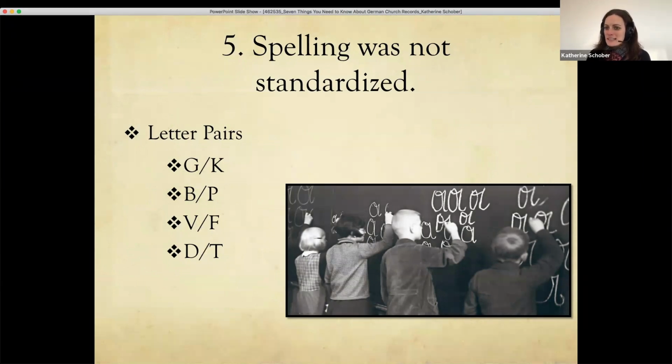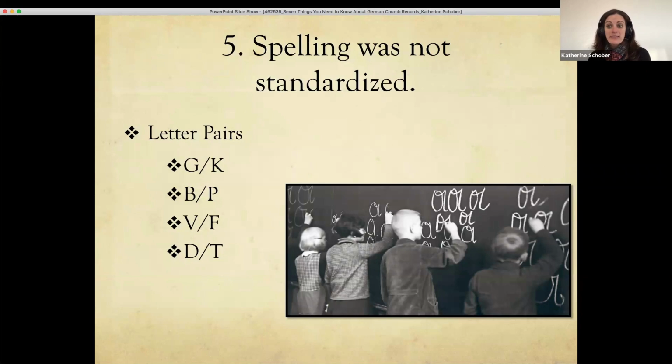The difference is one of those sounds uses vocal cord vibration. Our vocal cords vibrate when making it, whereas its counterpart does not. Now, in English, we don't really have a hard time telling the difference between a B and a P or a D and a T. But in German, even today, speakers confuse these sounds.